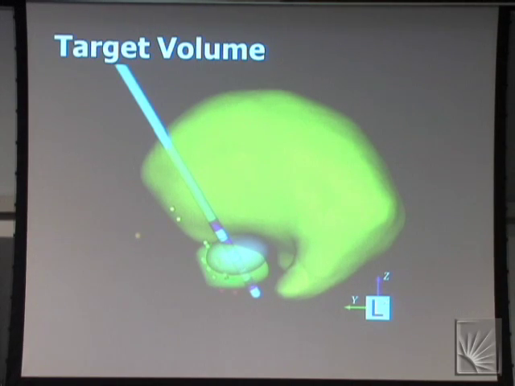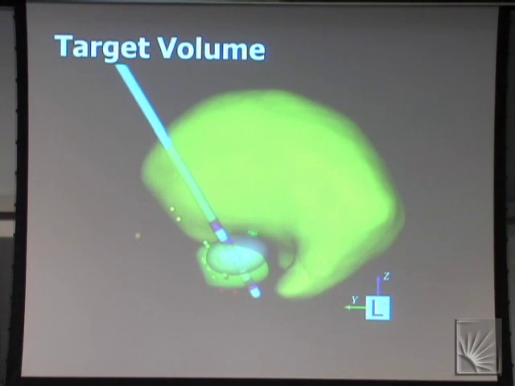And then in a study that I'm not really going to talk about today, but another work of Chris Butson, we spent time developing a representation for what we would consider the target volume of tissue that should be stimulated to give you the best therapeutic benefit, and that's this black blob volume here.